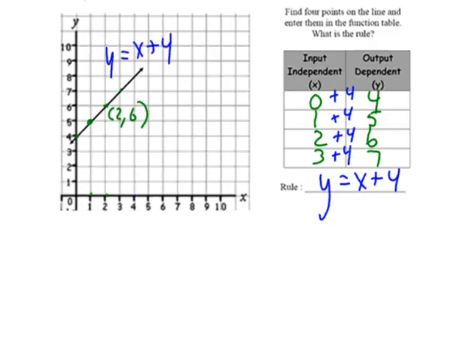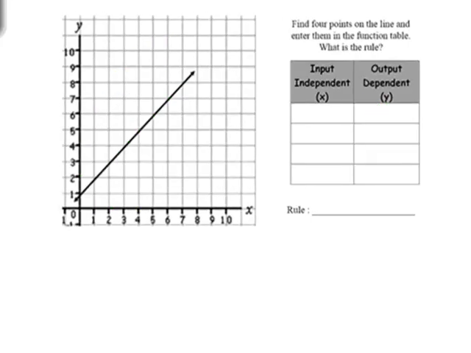All right, let's do one more example. So here we have a line, and we're going to pull 4 points from it. It looks like it intersects here at 0, 1. And I'm going to pull this point, 2, 3. And I'm going to pull this point, 4, 5.